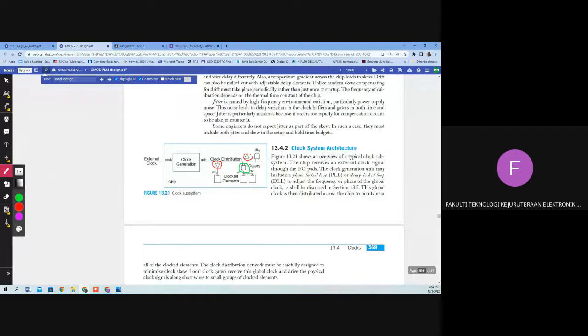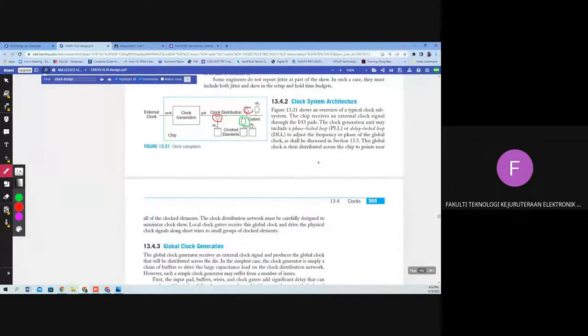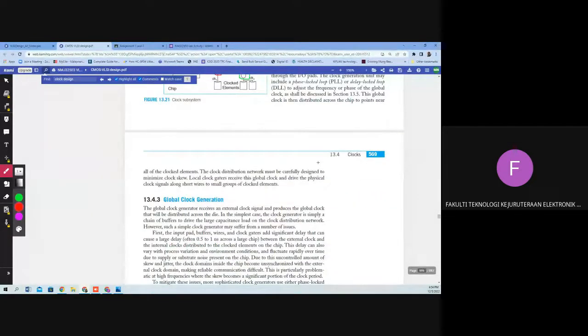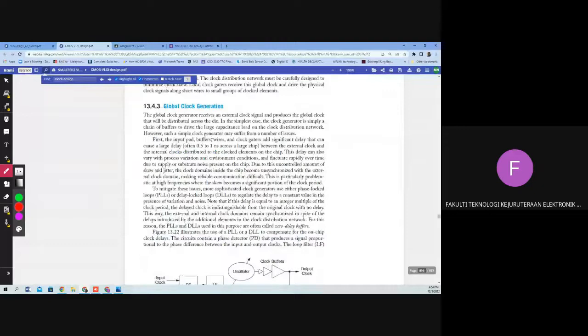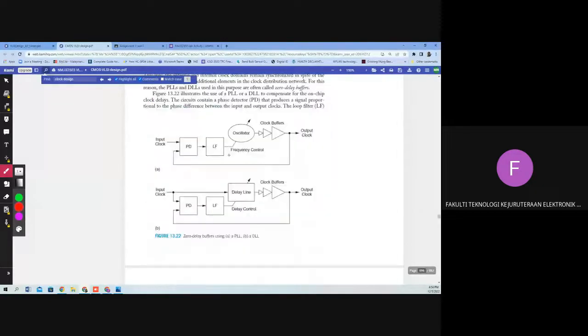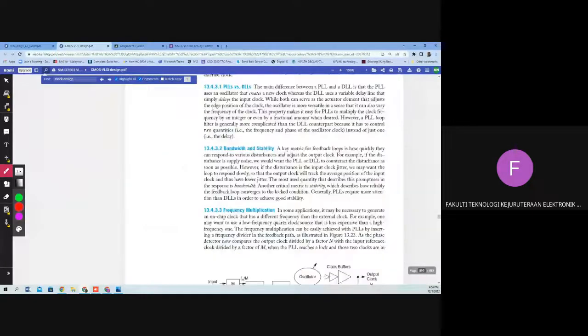And we have another one, the AND gate, used for controlling the clocking operation, either to turn on or turn off the unused blocks of our chip. This is what we call a low power design technique. We can read first before we go into detail in our next lecture, maybe next week. Then from there we shall discuss the clock distribution networks.